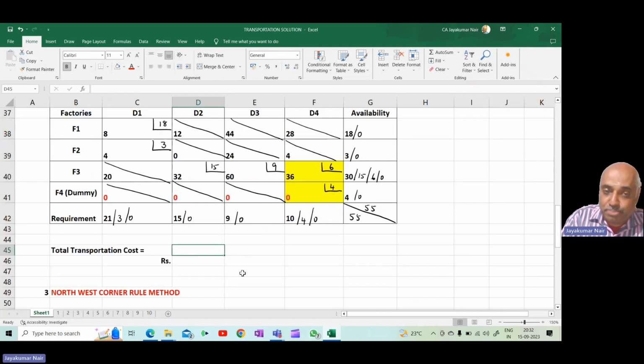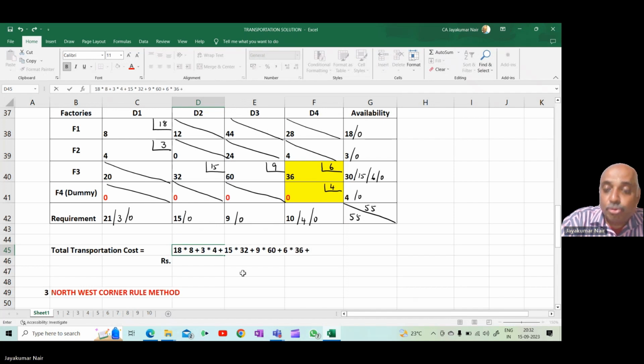Now we have to compute the transportation cost. How do we calculate the transportation cost? It is 18 into 8 plus 3 into 4 plus 15 into 32 plus 9 into 60 plus 6 into 36 plus 4 into 0.